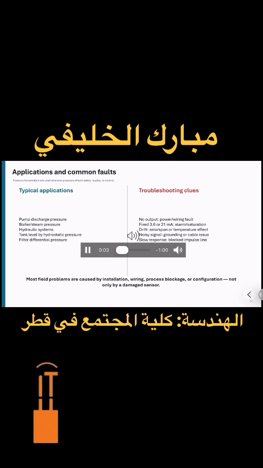Applications and common faults. Pressure transmitters are used in many industrial applications. For example, they are used to measure pump discharge pressure, boiler pressure, hydraulic pressure, tank level, and filter differential pressure. There are also common faults.